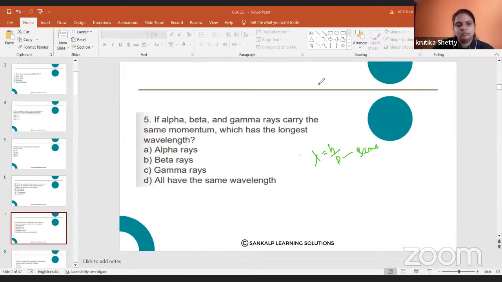Look here, the momentum p is the same, and h is a constant, so the wavelength is not affected. All have the same wavelength here. Yes, option D is right.